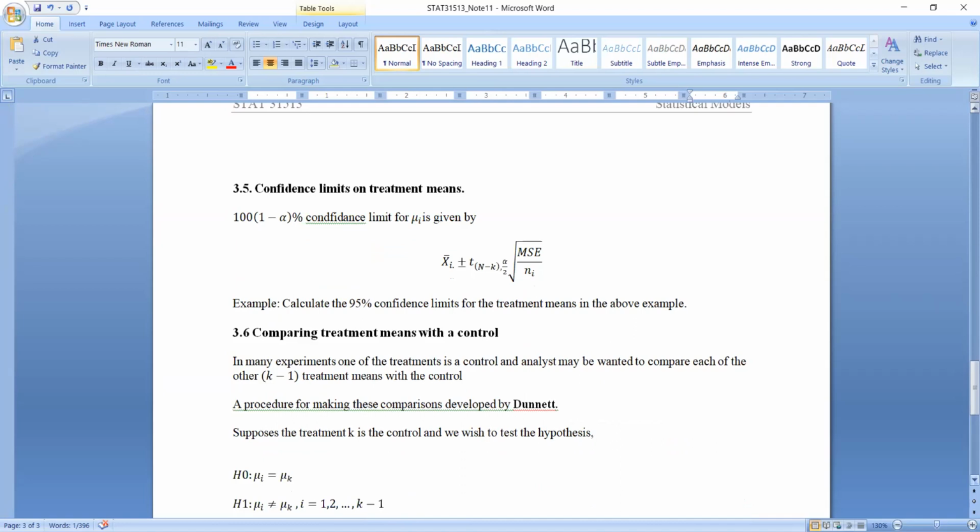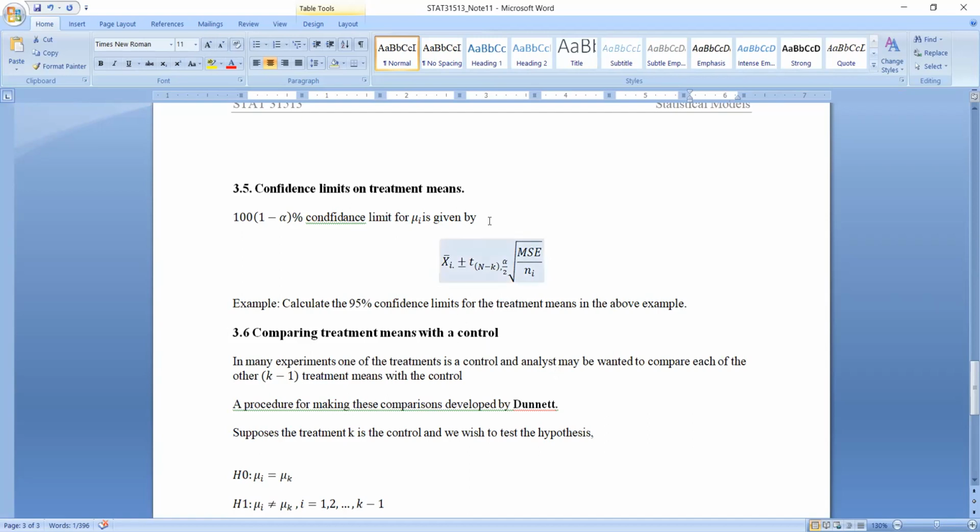Now when we want to find confidence intervals, for any given treatment mean we can find a confidence interval. If you take the i-th treatment mean as mu i, you can construct the confidence interval like this: first take the treatment mean plus or minus the t distribution table value times the square root of mean square error divided by ni.